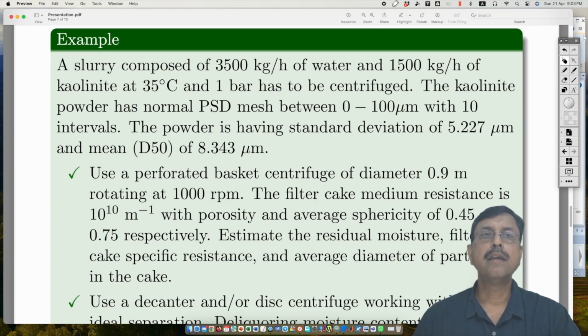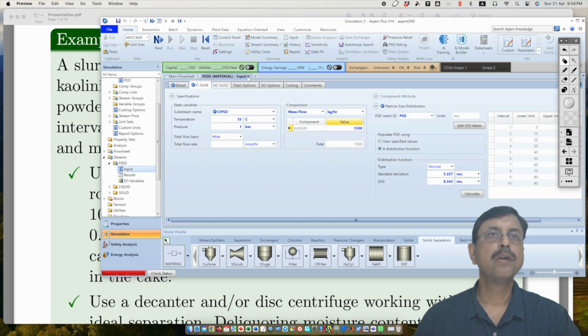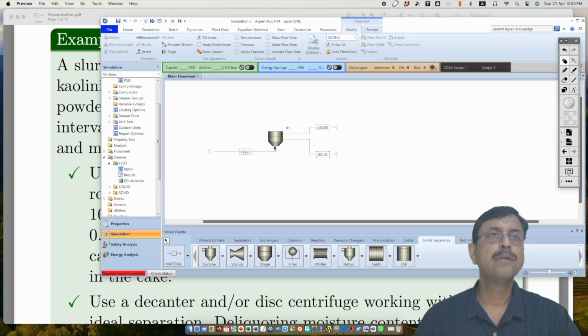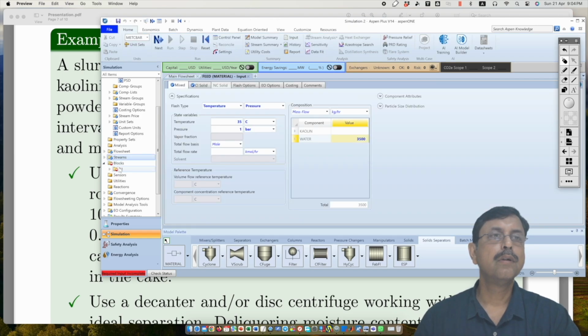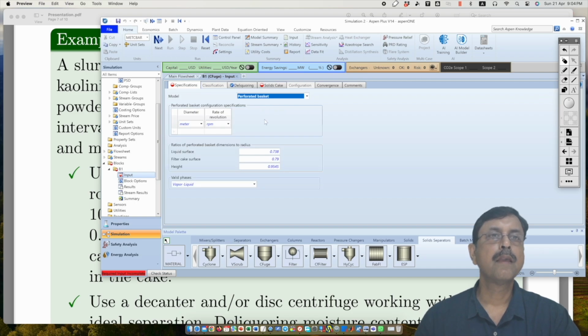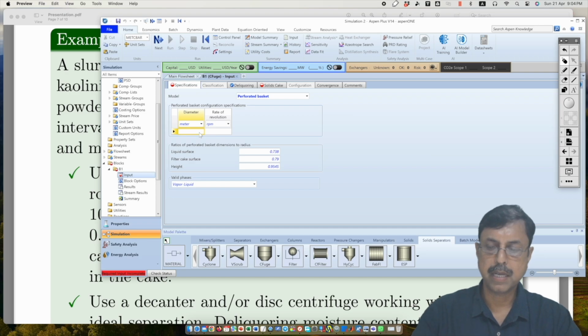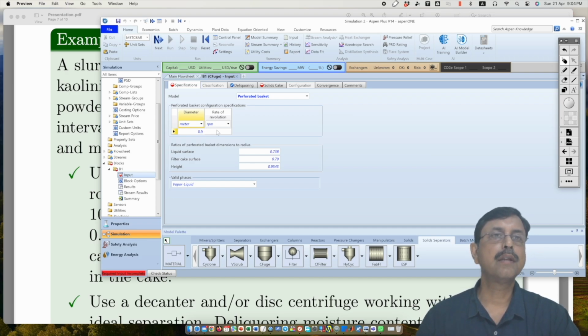Now let us use a perforated basket centrifuge. Okay, so this is the perforated basket centrifuge having diameter 0.9 meter and 1000 rpm.